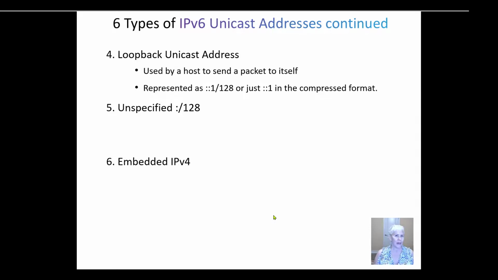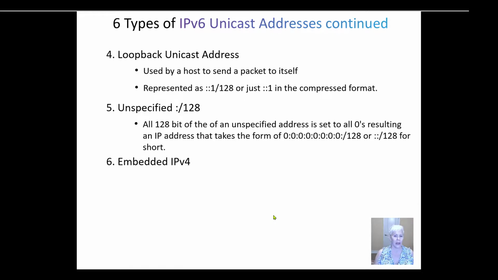Now, an unspecified address, we're not going to go into this very much because we don't really see this very often. This is more something that's relevant to IPv6 routing. It's similar to the gateway of last resort for IPv6 or the default route for IPv6. This is when all 128 bits of the address are set to 0.